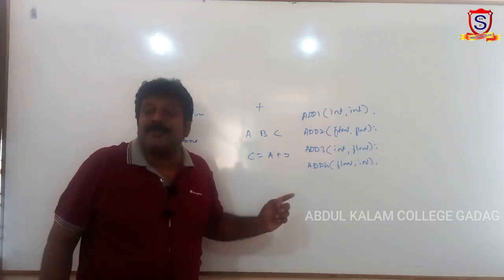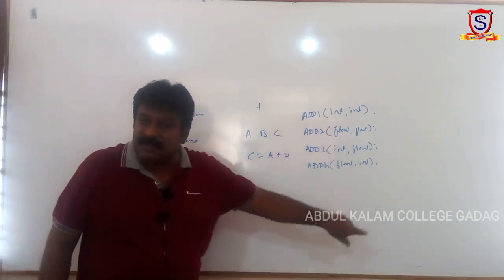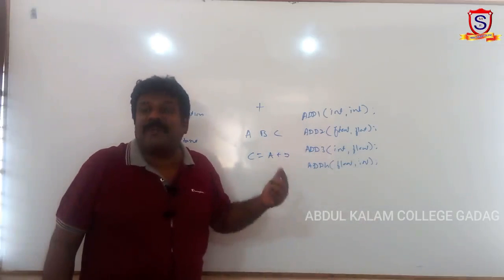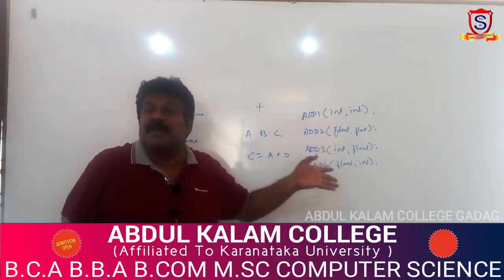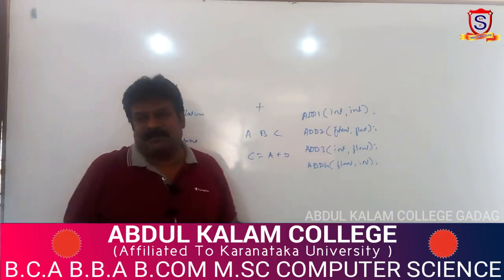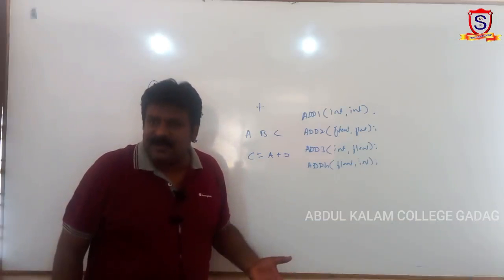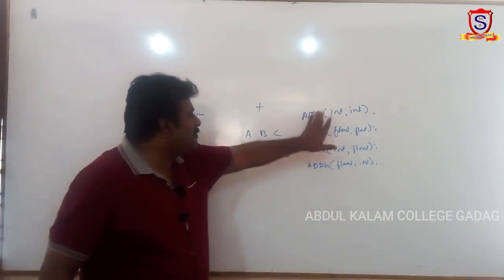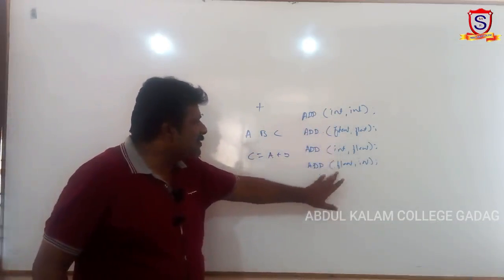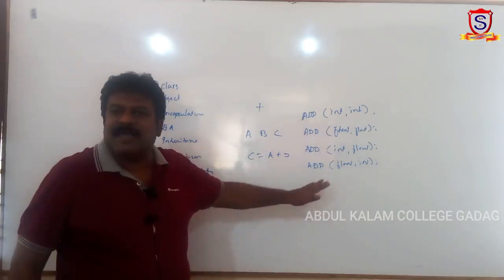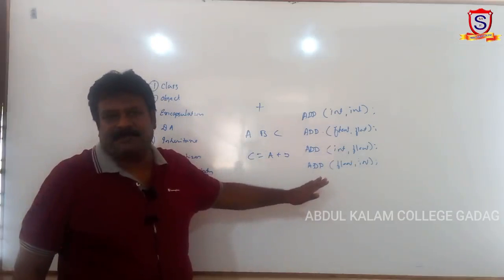Here the user will be confused about what function does what. It is a bit difficult for the user to understand what each function does. Instead of that, C++ gave us the opportunity of giving the same name for multiple functions. See, all functions are given the name add.